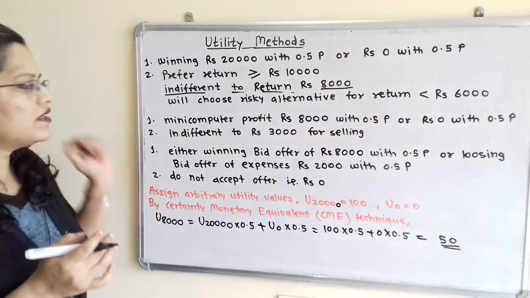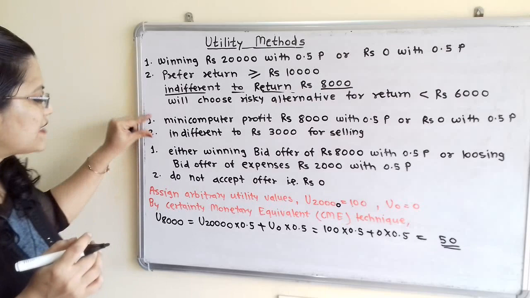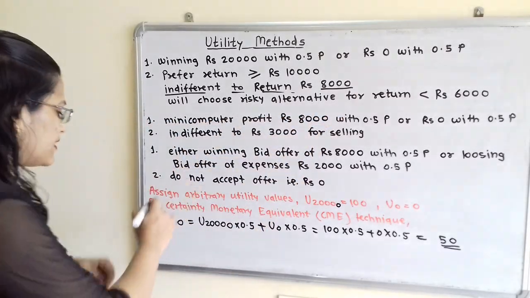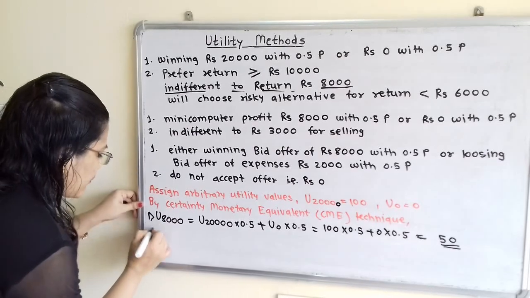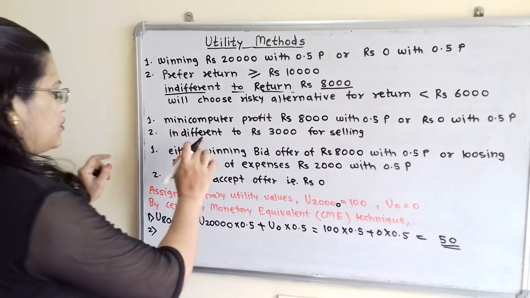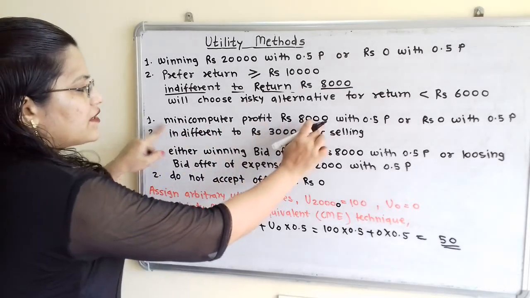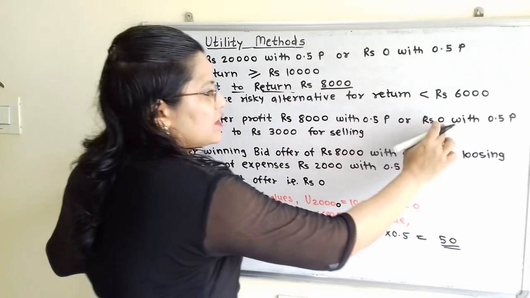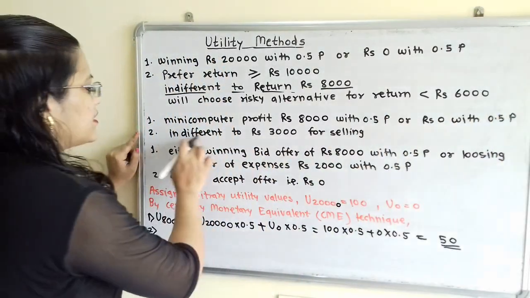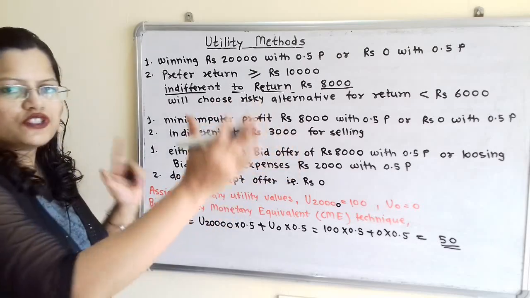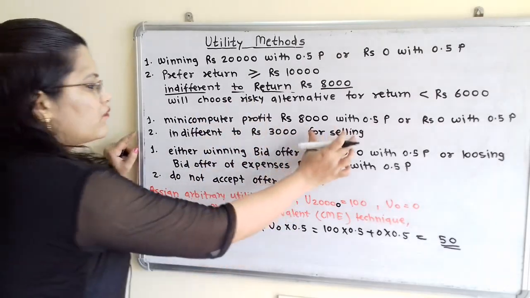Now we will move to the second case. For the second case also we can apply the CME technique. This is the first case, and now for the second case, how can I write the equation? The first alternative is 8,000 with 0.5 probability and 0 with 0.5 probability, and he is indifferent to rupees 3,000 for sure, that is with probability 1, for selling.